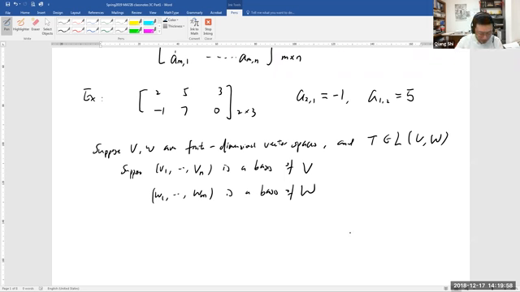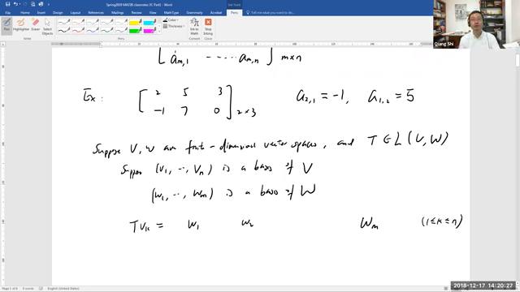All right. So in other words, T of V sub k, for any k, is equal to a linear combination of those W vectors. How many T of V sub k do we have? k is from 1 to n.